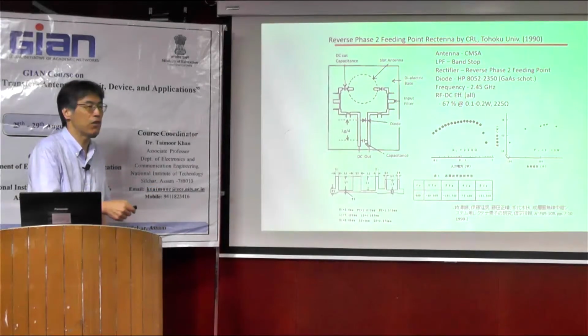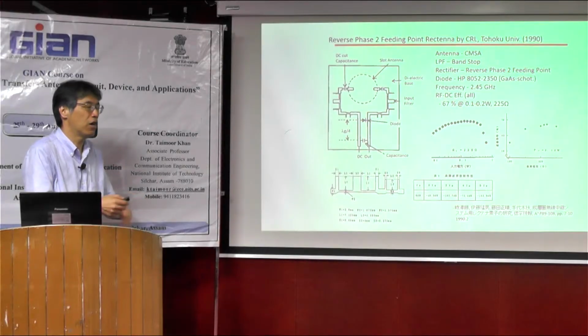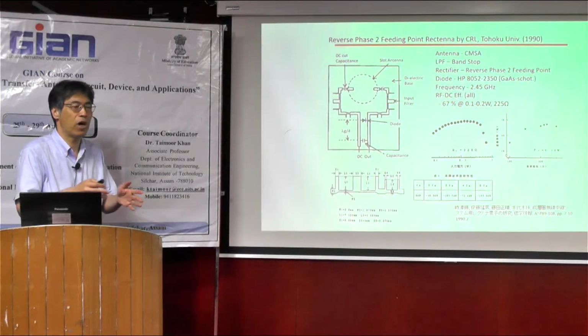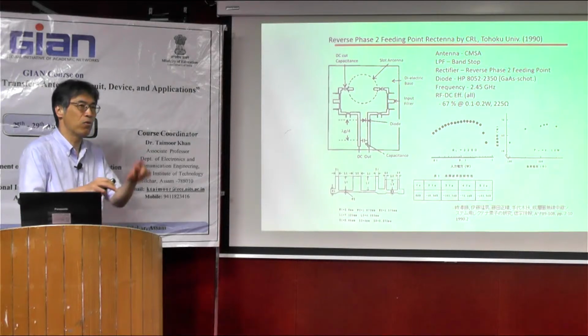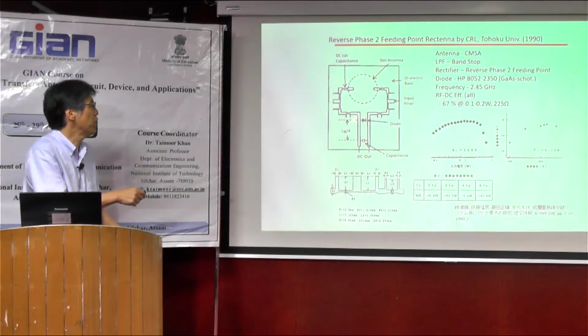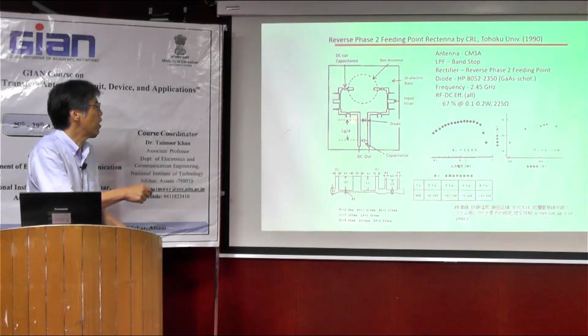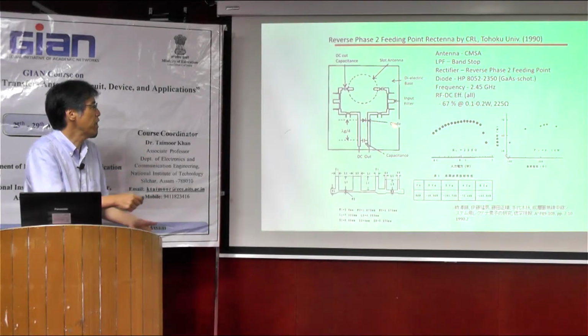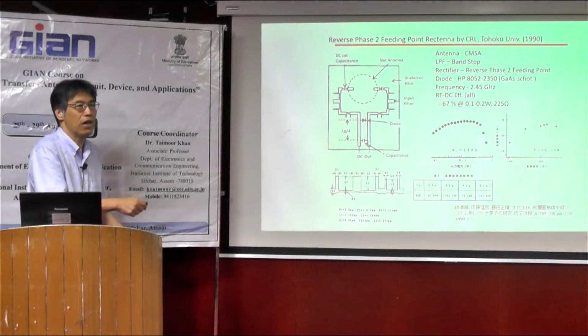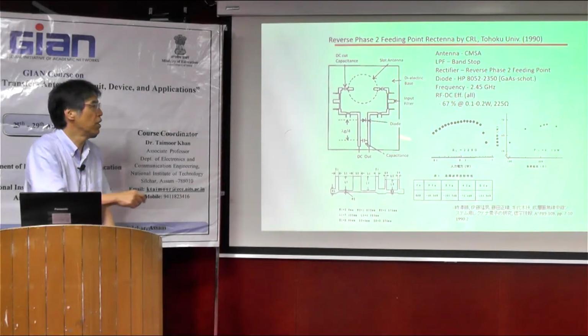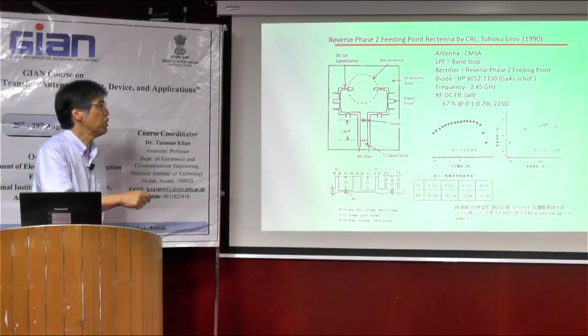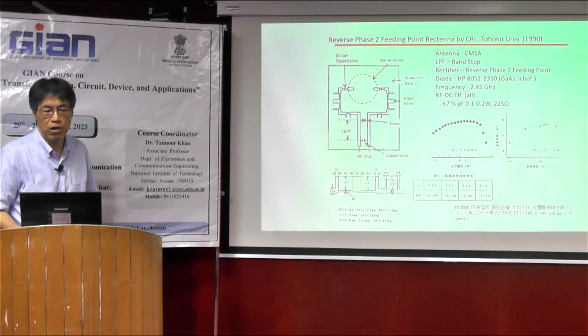So as a result, this circuit is close to the voltage doubler. Usually we add only one signal, but we add the 180 degree difference signal at this diode. And as a result, we add double voltage here. So this is named differential rectenna.